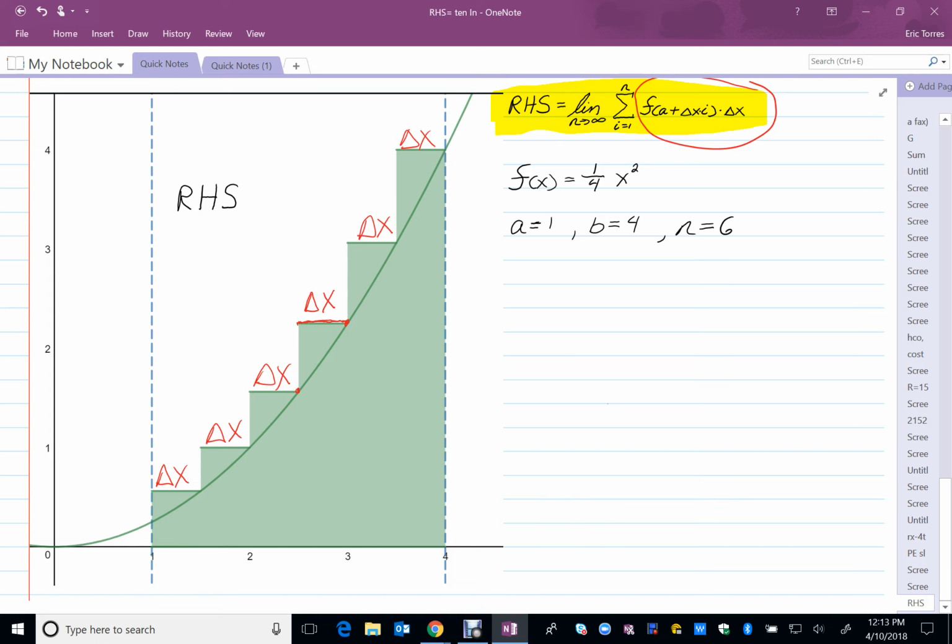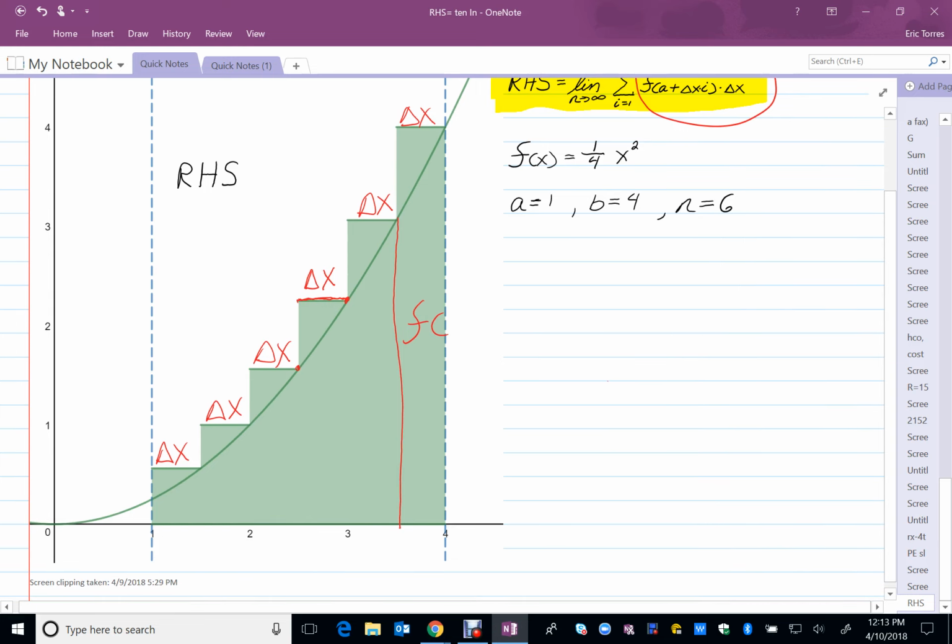So each one of these rectangles, again, has 2 dimensions, a width and a height. So if we looked at any one of these heights, that's going to be an output of the function for some, I'm going to call this just right now, some output.